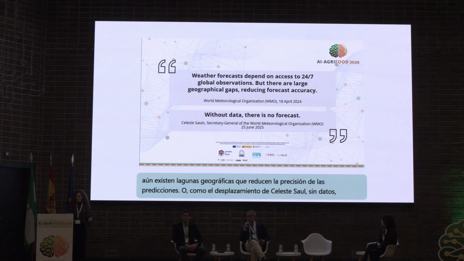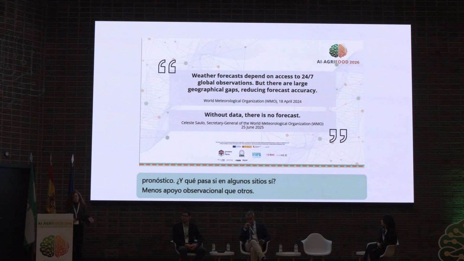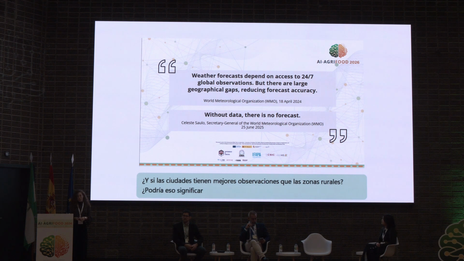So what happens if some places have less observational support than others? What if cities have better observations than rural areas? Could that mean that we are having weaker forecast skill in rural contexts? Let's see.